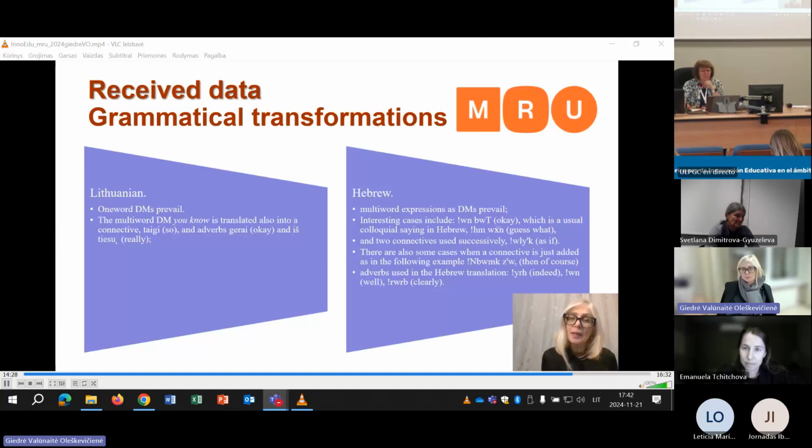And sometimes two connectives are used successively. There are also some cases when a connective is just added, as in the following example, "then of course." Adverbs used in the Hebrew translation are also present, like "indeed," "well," "clearly."